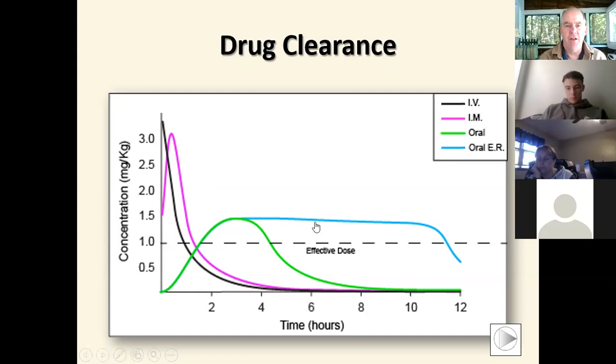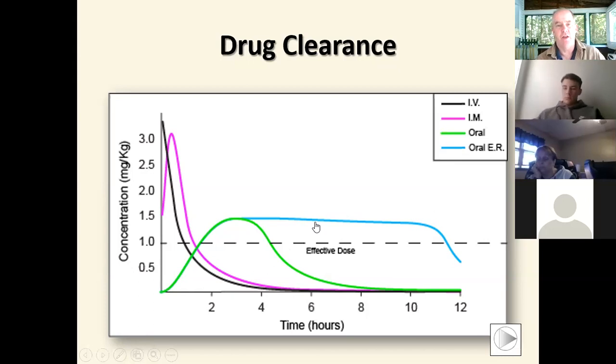Here, this blue line is your oral extended release, controlled release. So this is a really neat way of doing drugs today. It's probably 20 years old, or maybe less, I'm not sure. But basically, if you take a pill where it's just the drug, it goes into your stomach, it dissolves, it gets past your intestine, and it gets absorbed.